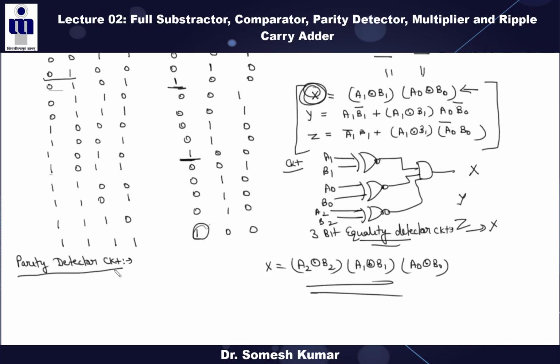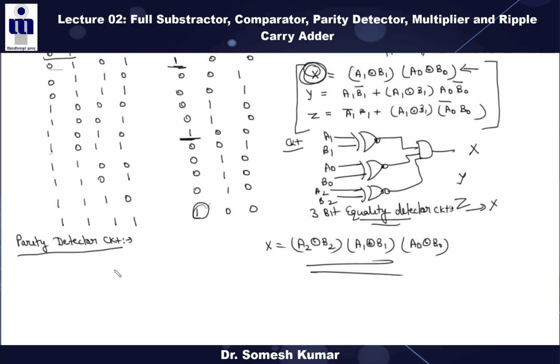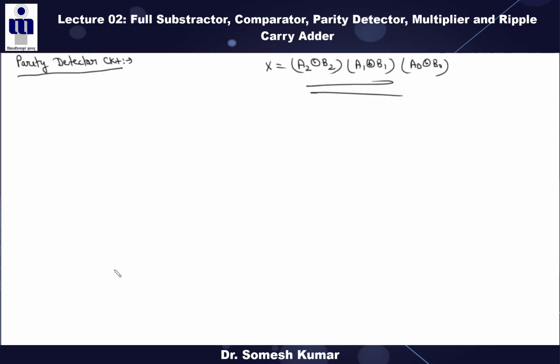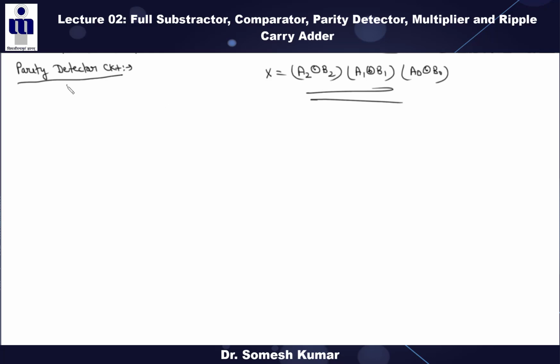There are 2 types of parity, odd parity and even parity. Odd parity is when there is an odd number of ones in the input. And when there is an even number of ones, it is called even parity.